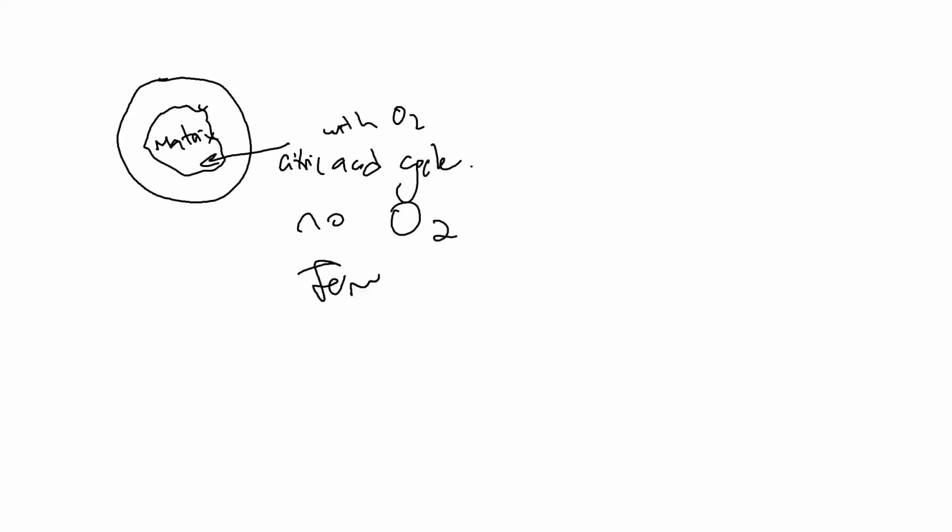Fermentation happens in the cytoplasm, not in the matrix. Inside the matrix or the inner membrane, the citric acid cycle happens and not the fermentation.